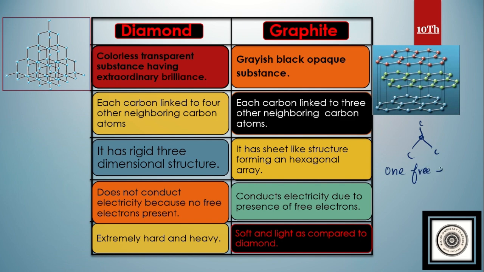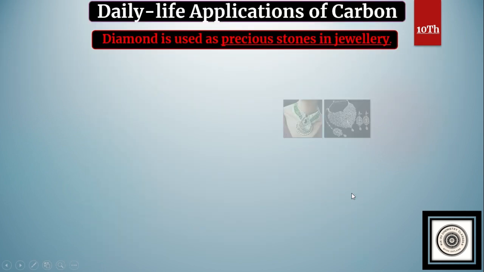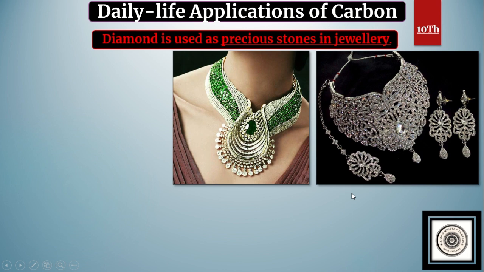One free electron per carbon is left, and that makes it a very good conductor of electricity. It is soft and light as compared to diamond. Great. Now moving ahead, what are the daily life applications of these allotropes of carbon?